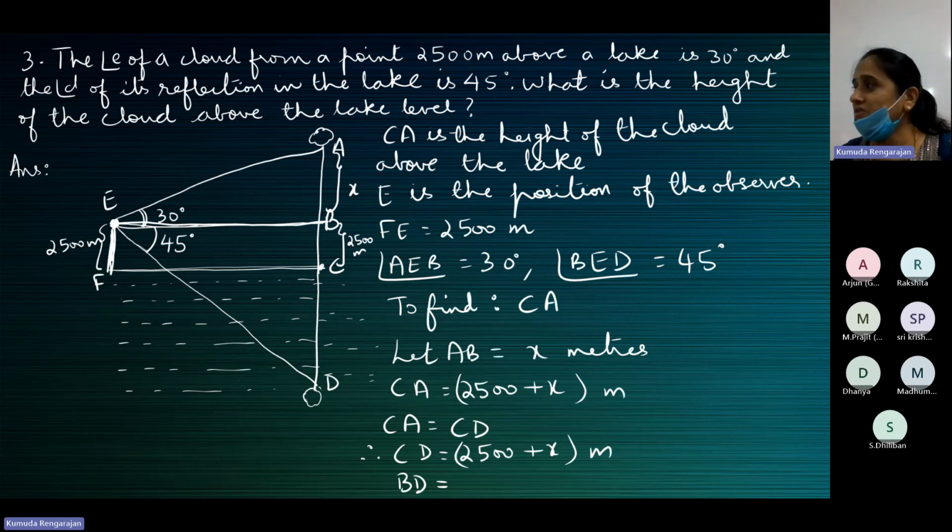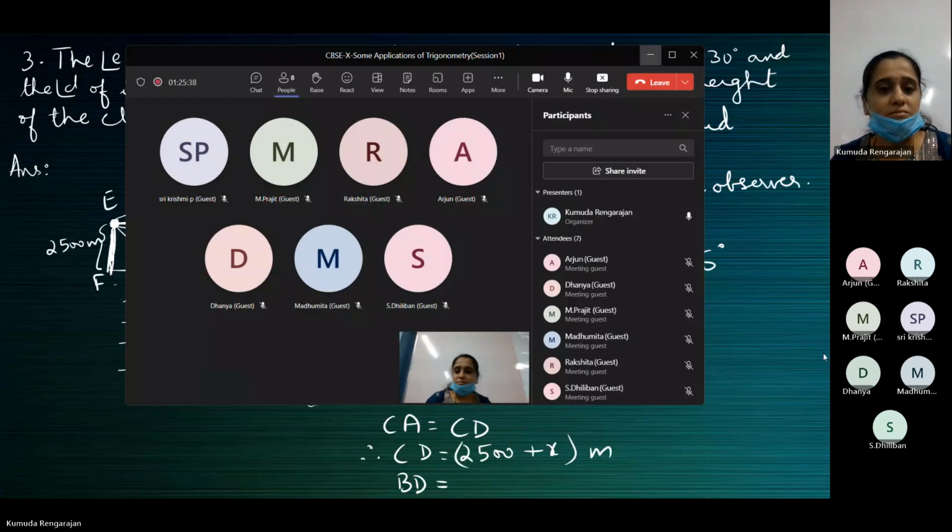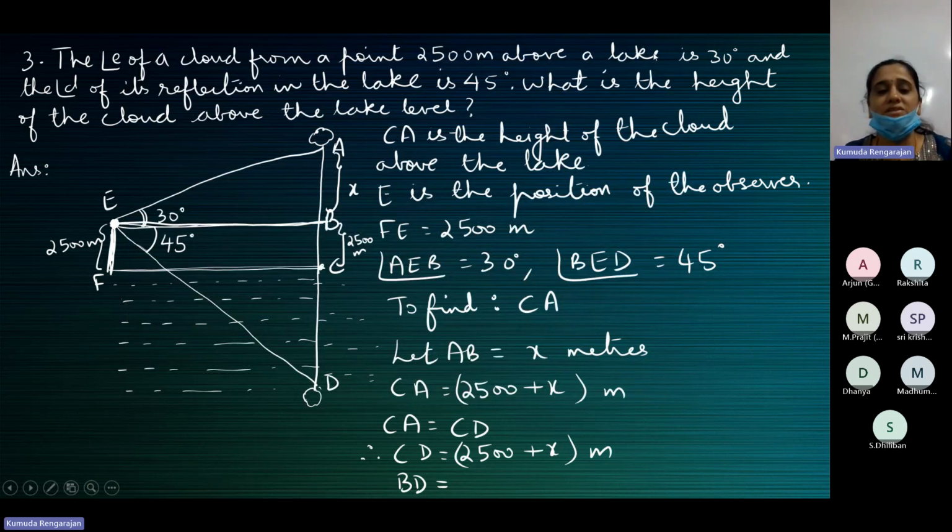Okay. Others, Prajit, Rakshita. Is Rakshita there? Yeah, Rakshita is very quiet these days. Rakshita and Danya are very silent these days, huh? What are you doing? Yeah, girls, tell me. BD is equal to? X plus 2500, ma'am.